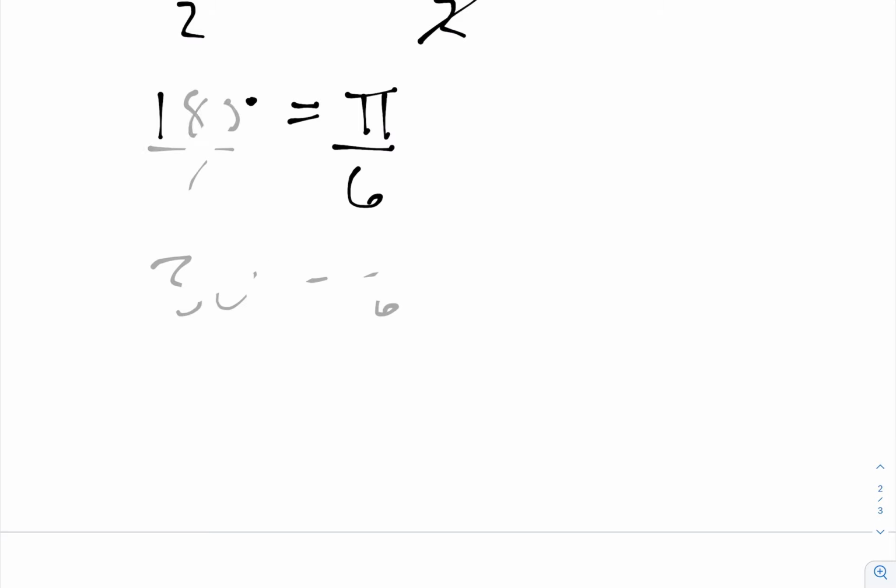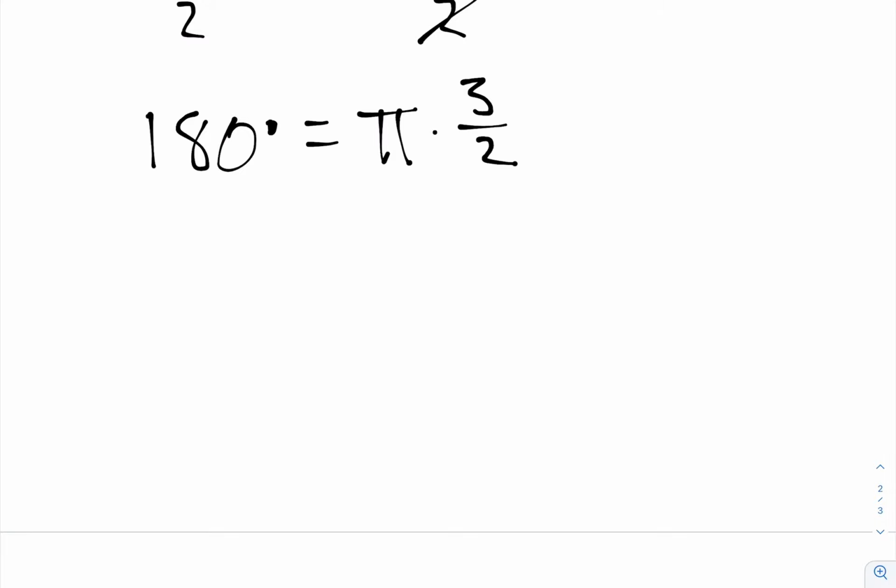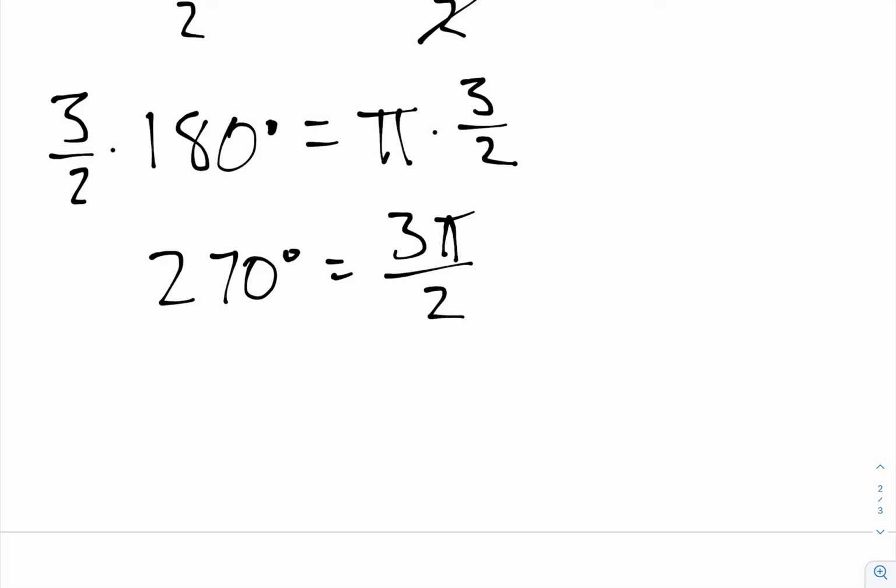What if we wanted to figure out how many degrees 3 pi over 2 radians was? Well, if we know 180 degrees is equal to pi radians, if we want 3 over 2 pi, we have to multiply this by 3 over 2, and multiply this by 3 over 2. So 3 over 2 is like 1.5. 1.5 times 180 is going to be 270. So 270 degrees is 3 pi over 2 radians.